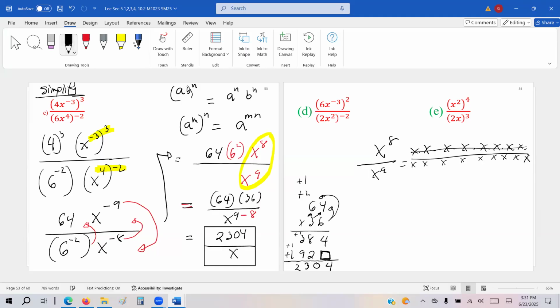So all 8 cancel out all these 8. How many x is left? On the top or on the bottom? On the bottom. At the top we have 1, but instead of 1, we have this thing. Yeah, that's what I thought. I don't know, my own investigation class, maybe I misheard, I thought that he told us to keep it. That's what kind of confused me. Okay. When you combine the powers, the base is already gone.